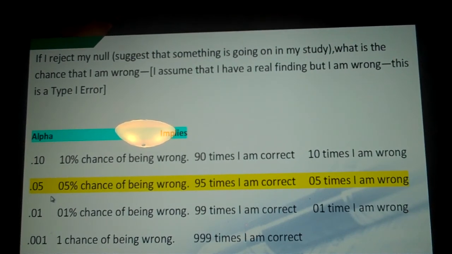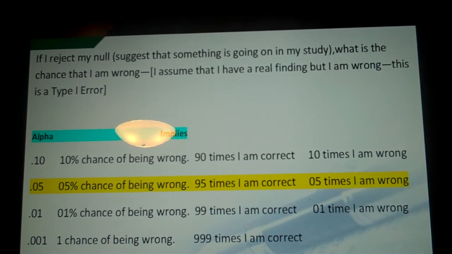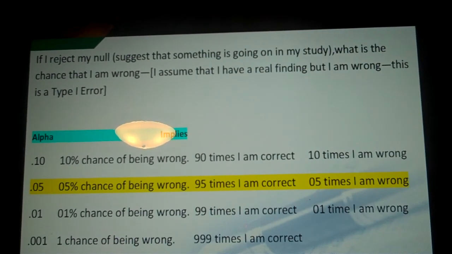And alpha is your probability of making a type 1 error, or saying that something is going on when truly nothing is going on. 0.10 is 1 chance in 10 of being wrong. 0.05 is if you say, I reject the null, 5 times you were incorrect, 95 times you were correct. 0.01, 1 time you may be wrong, but 99 times you were correct in rejecting the null. And 0.001 is 1 chance in 1,000.